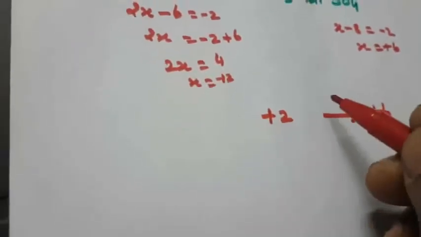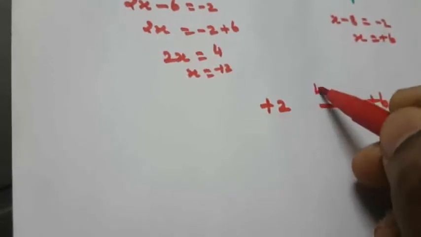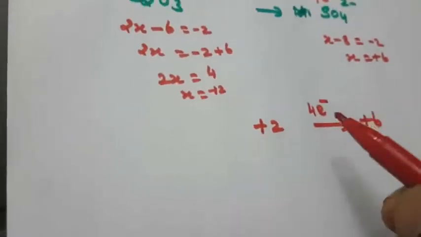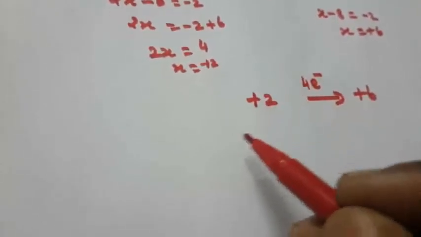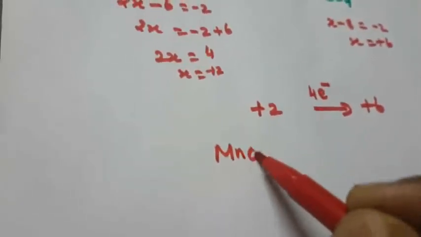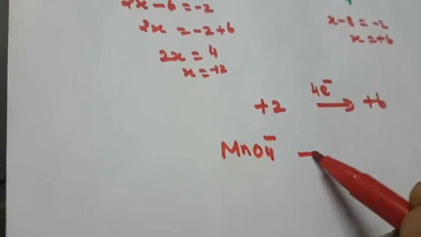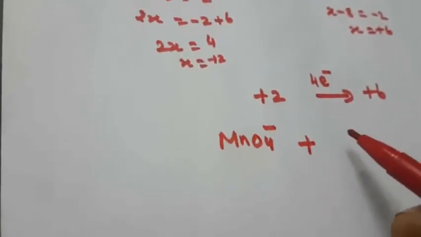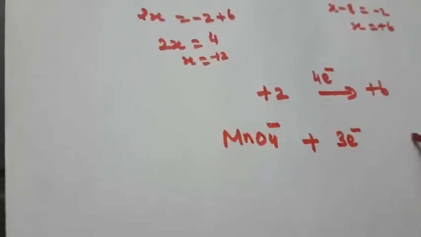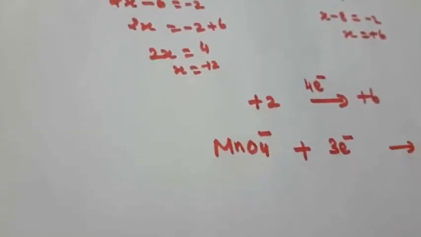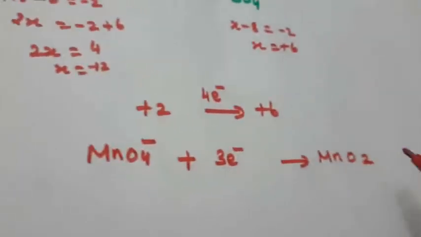How many electrons are released? That is 4 electrons, right? So 4 electrons. Then thiosulfate, then manganese. MnO4 minus plus how many electrons? So here that is 3 electrons. 3 electrons are gained. MnO2.